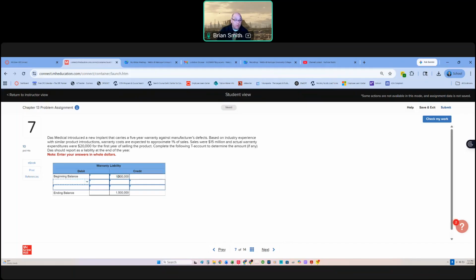I think what it wants is this to be a 0 balance. And then this is going to be... Where's warranty liability? Oh, I guess this is warranty. So this is bad debt expense. And then this is going to be actual warranties, so 20,000.